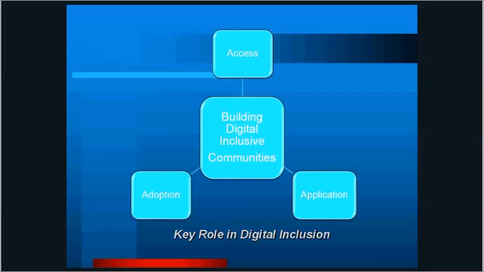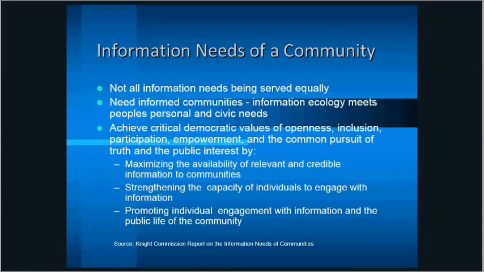Our local governments play a very important role in making this happen, along with our schools, our libraries, and other community anchor institutions, the private sector, and so forth. And we do this because in terms of government, in our democracy, we're really focused on trying to make sure that we are addressing the very specific information needs of the community.